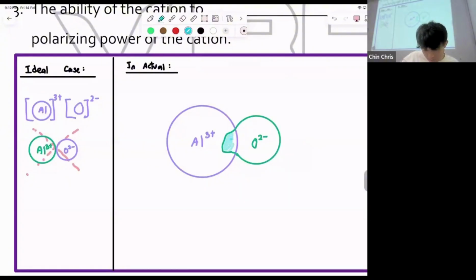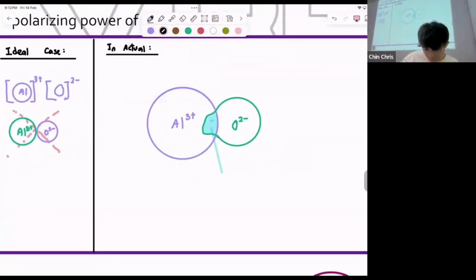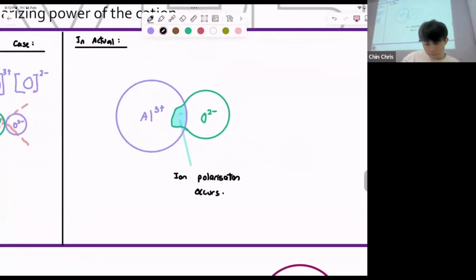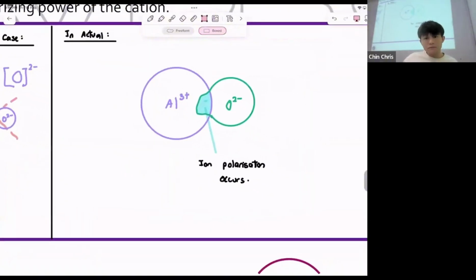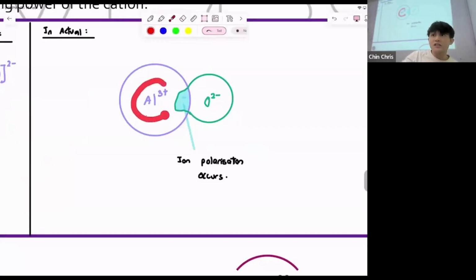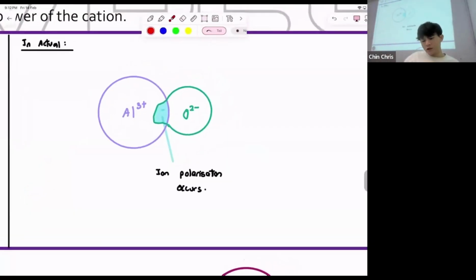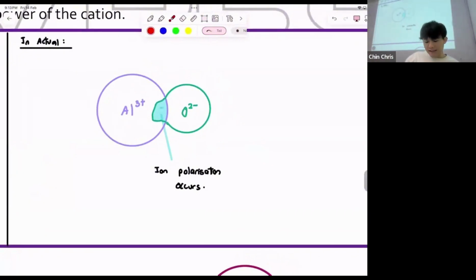It occurs when your cation is very small and has a very high charge, and your anion is very big and easily distorted.